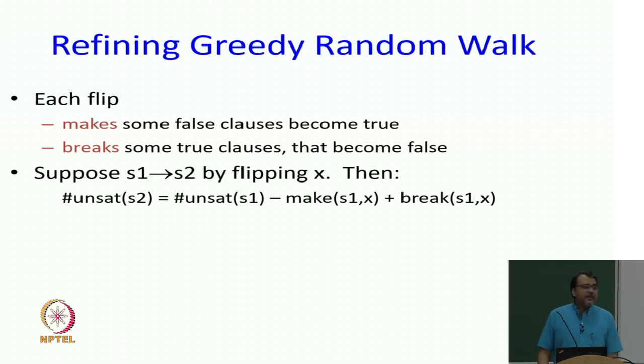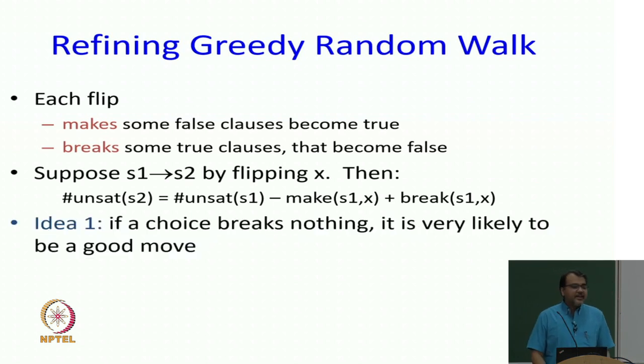Now, we will use two ideas to refine GSAT further. One idea is, if a choice breaks nothing, it's a good choice. That's obvious. Even if it makes only one thing, if it breaks nothing, it's a good choice in terms of greedy hill climbing. And the second idea comes from an observation of how these algorithms work.